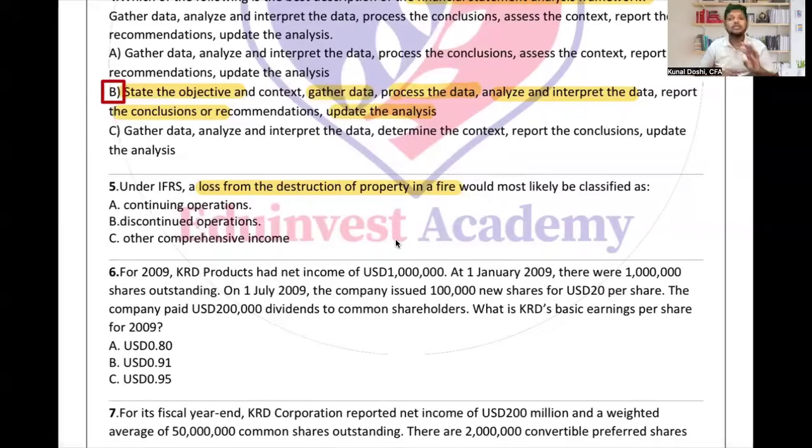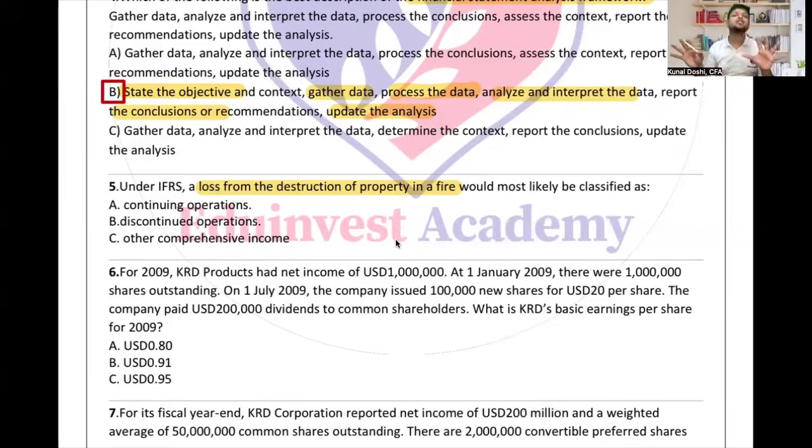Okay, guys. In OCI, there are only four items. Unrealized gain and loss from hedging derivatives, unrealized gain and loss from FVOCI, fair value through other comprehensive income, changes in assumption of pensions, right? And foreign currency translation gain loss. Only four items in OCI.